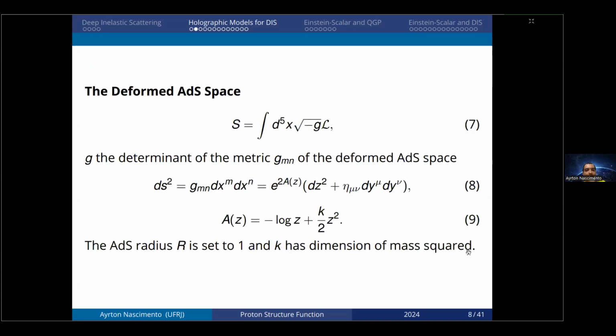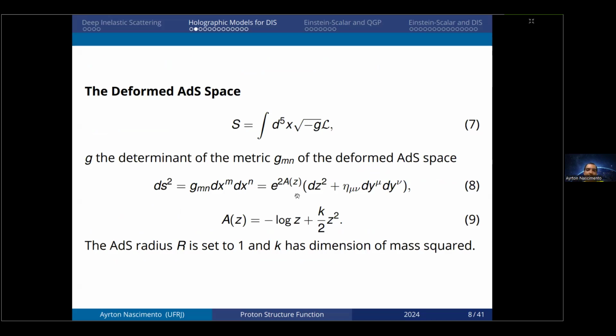So how do you do that for the deformed AdS space? You have an action for some particle you are interested in, which is like this. And here you have a 5-dimensional action in which you have the determinant of the metric of the AdS space you are working with, which is this one over here.